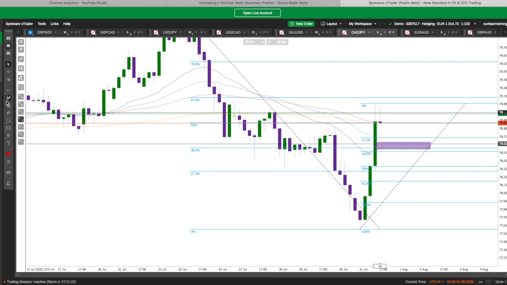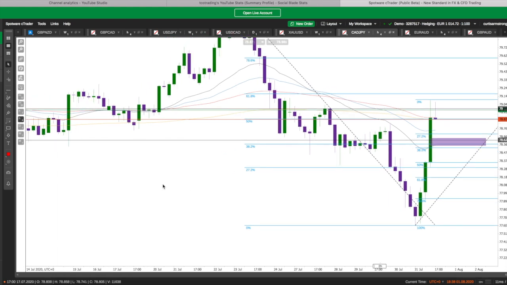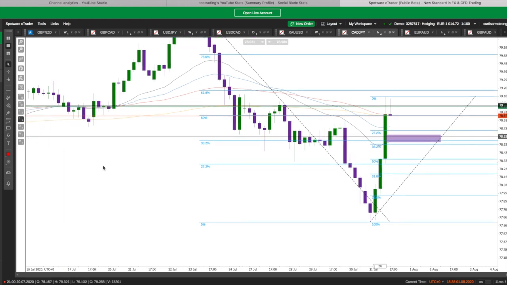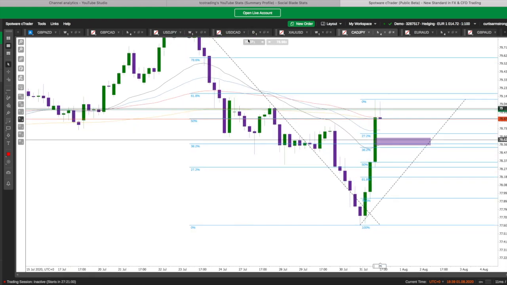What did price do? Price broke above this last lower high, created a new higher high, so we can expect a pullback here to make a higher low before price moves higher. So this is definitely a good region for taking a long trade. You've got this key level, 38.2 fib on this bigger scale Fibonacci, and also following market structure.